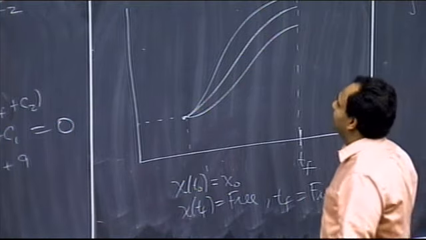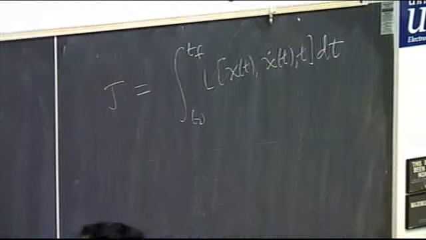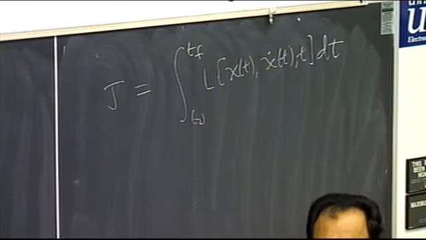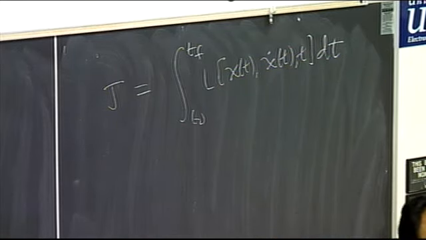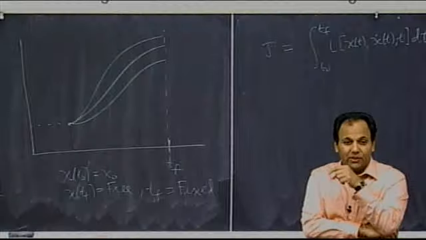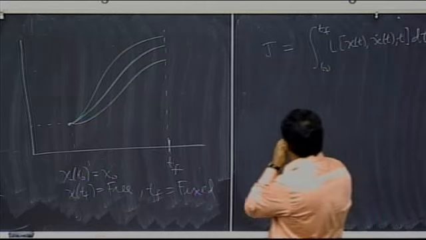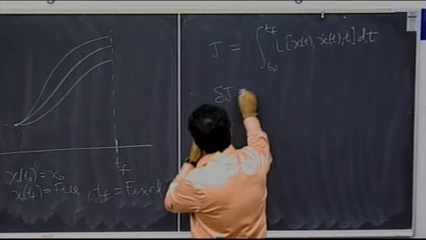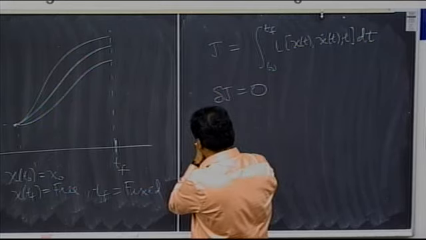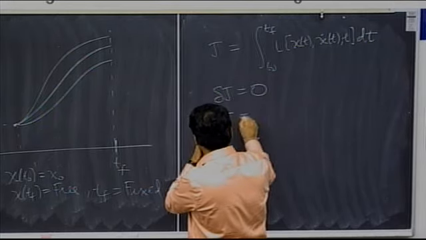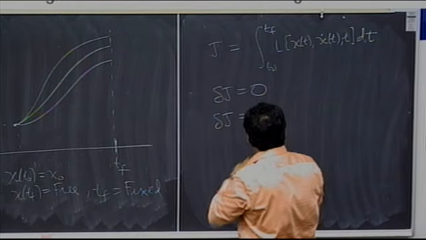So now how are we going to do this one? We've got to take the first variation in this cost functional and set it equal to 0. So what is the first variation in the cost functional? It's the variation in this.